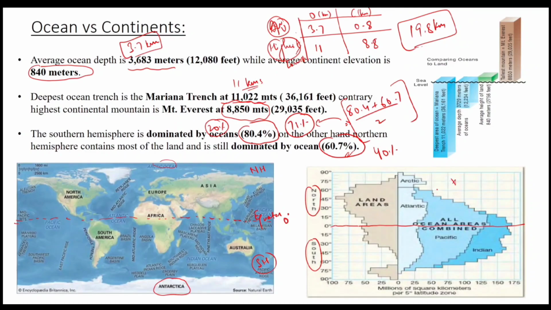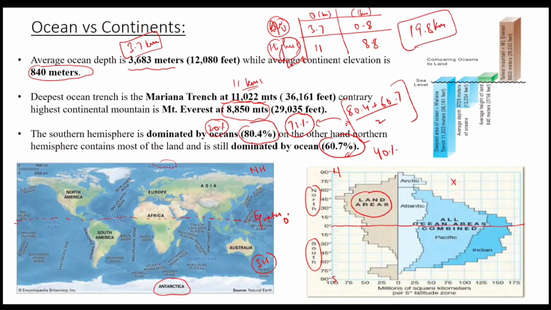Just ignore the blue part and focus on the brown part, which is the land area. You can see the distribution of the land over different latitudes, from 90° north up to 90° south.